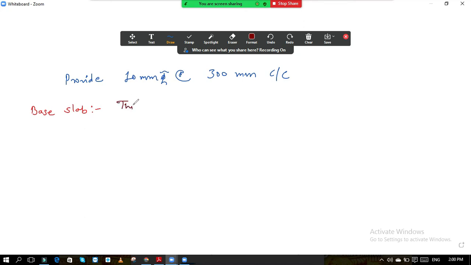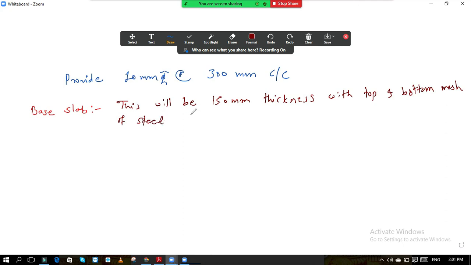Base slab means this will be 150 thickness with top and bottom mesh of steel, with 10 diameter bars about 250 center to center.